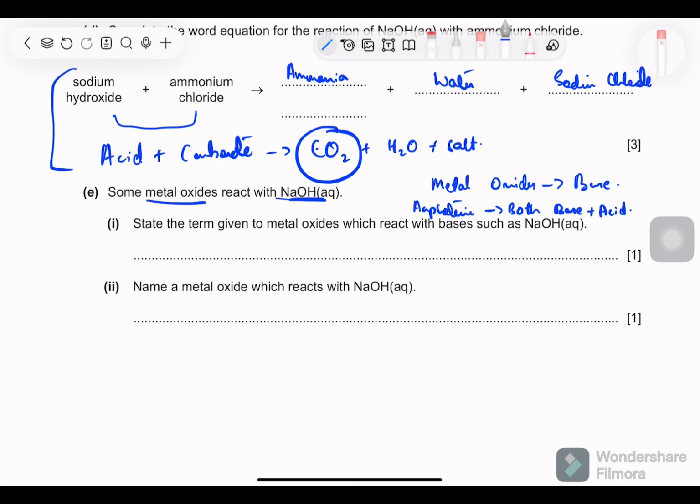They react with both, as they have a dual nature, you can say. So the metal oxides which react with bases are amphoteric. Name a metal oxide which reacts. We have two in our syllabus: aluminum oxide, or we could write zinc oxide also.